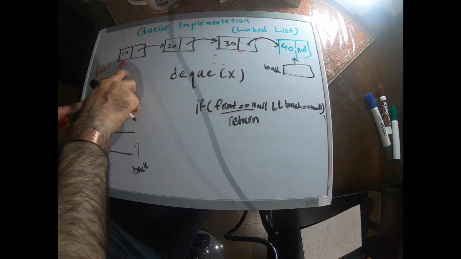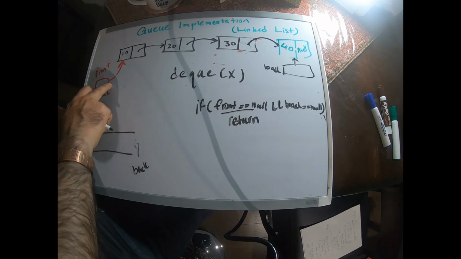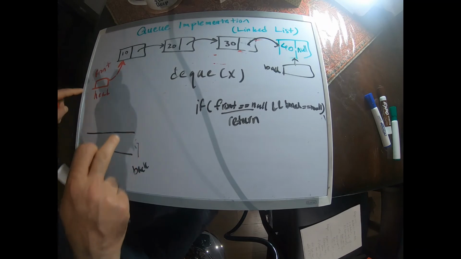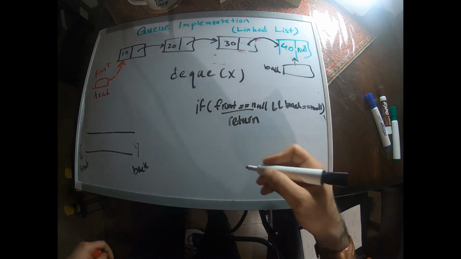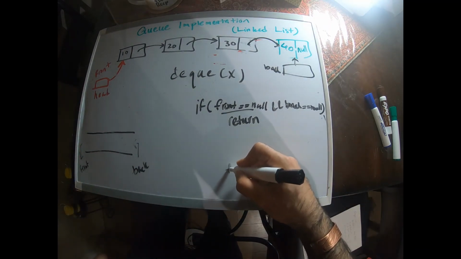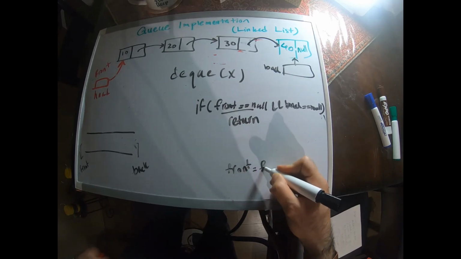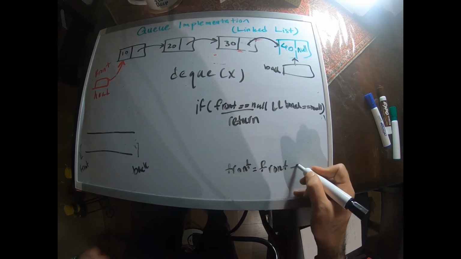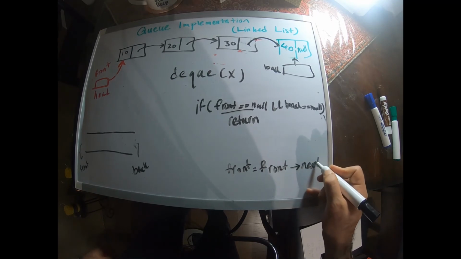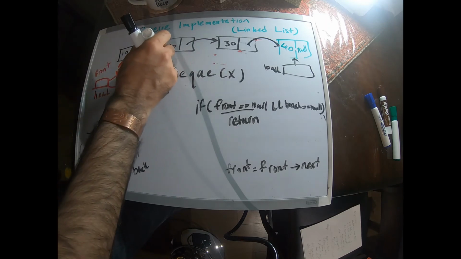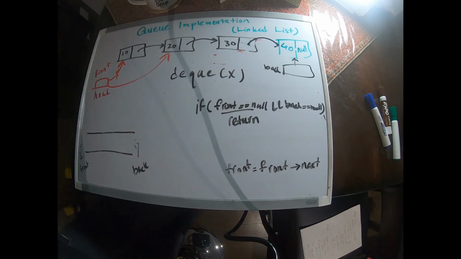What I just need to do is basically make the front point to this node. So I need to say front is equal to front arrow next. This is going to remove this link and make this pointer point to this one.